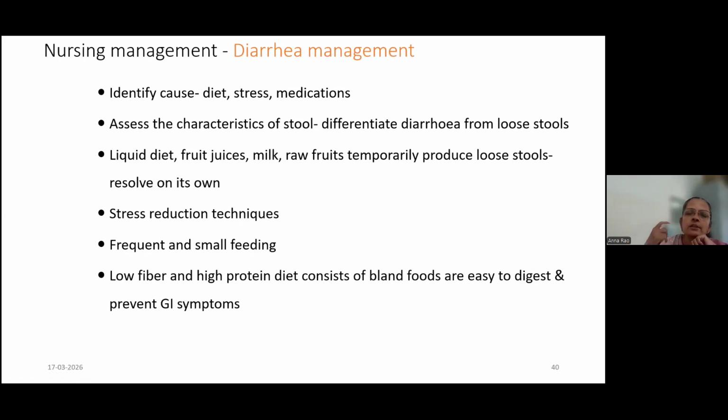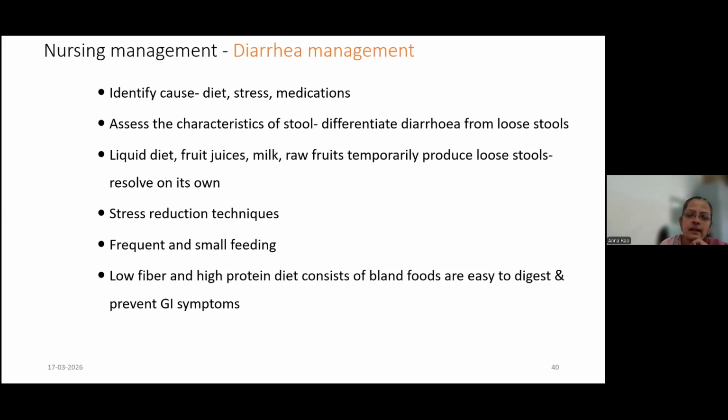So when the patient is changing the diet, ask him to introduce one new diet, one new menu at a time, not 2 or 3 things at a time. Okay, so that you can identify which food item creates problem for him. So find out first what are the stress factors, because that also can cause diarrhea, right?